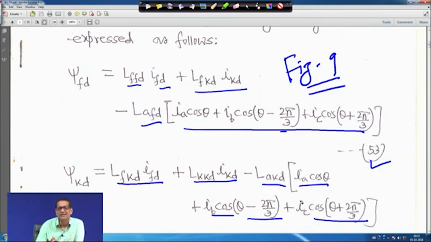From the symmetry we are writing these equations. This equation has many terms, but just see the windings and just put it, that is all, very simple, right.